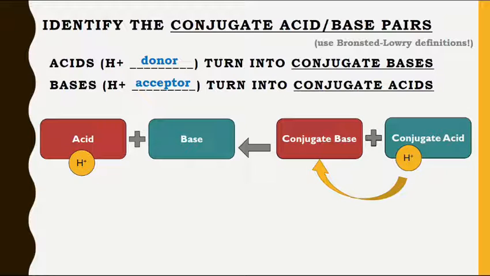It is the conjugate acid, because if we reverse the reaction, that thing is going to be acting like an acid. Even though that was the blue conjugate, it started off its life as a base. When we reverse things, it's acting like an acid.